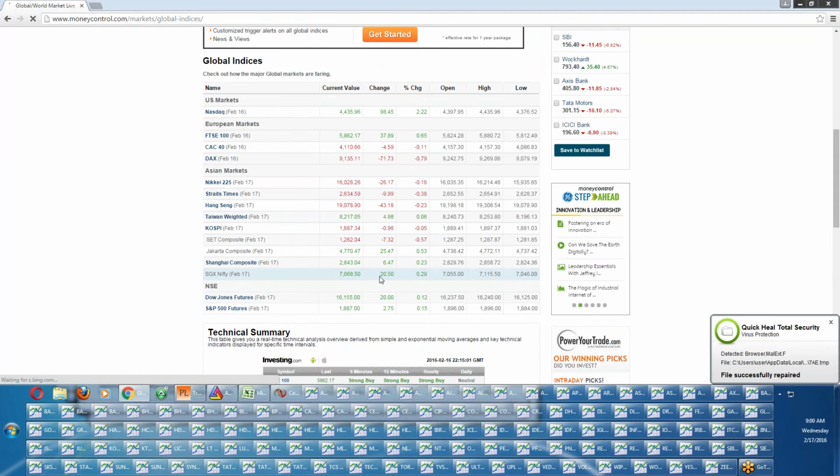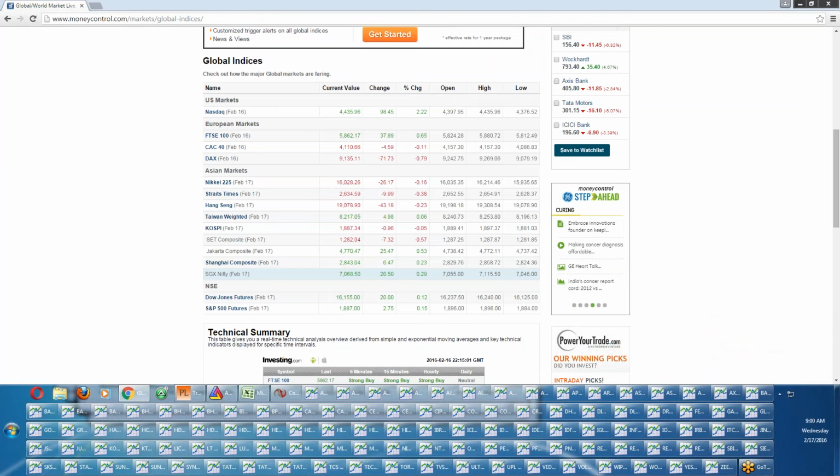So that's around 20 points in green, but it has actually fallen. It was around 40 points up sometime at 8:30.